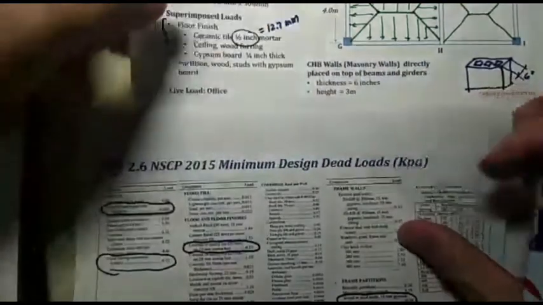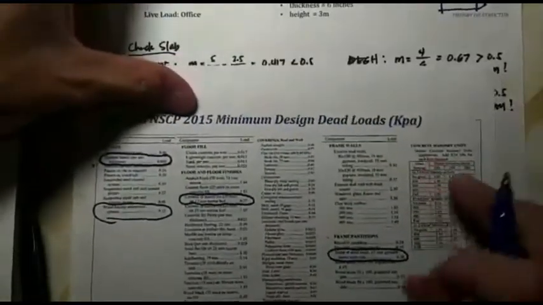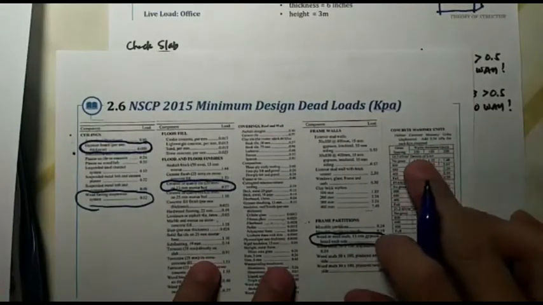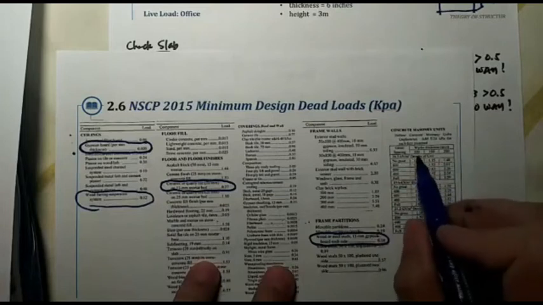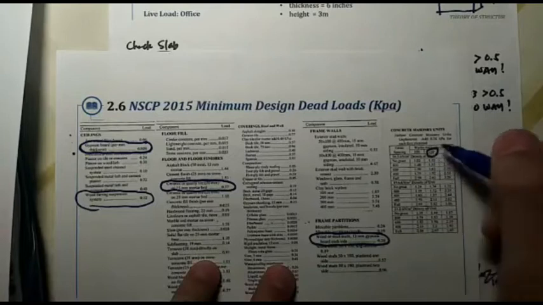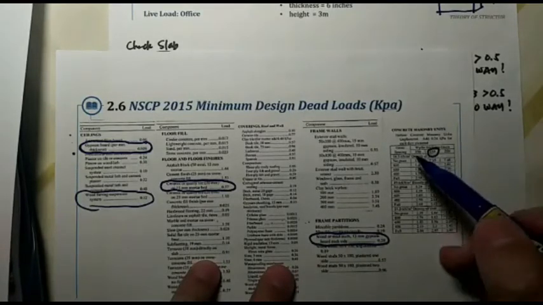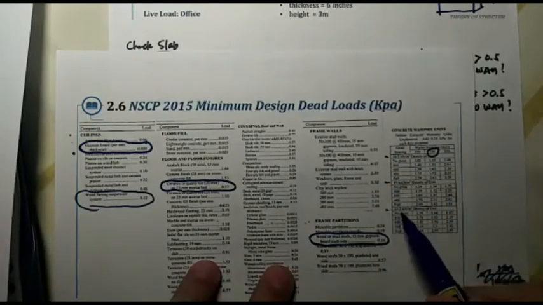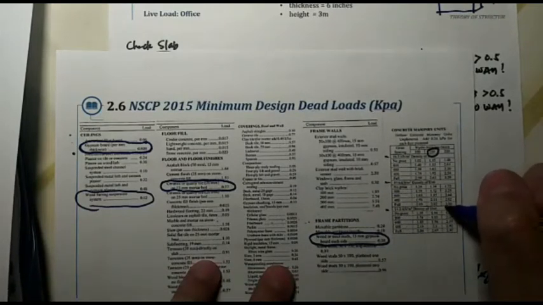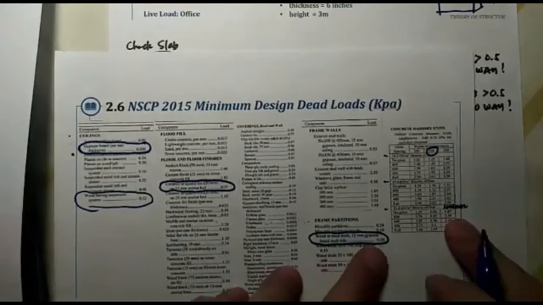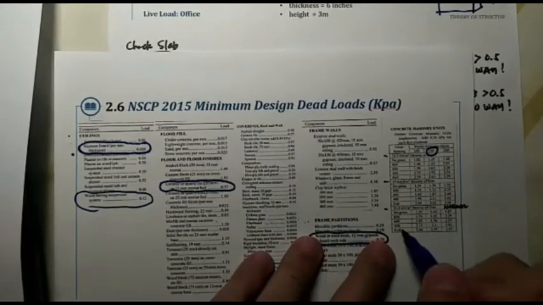Okay. So hahanapin ngayon natin dito. Kung mapapansin mo sa table, 100, ito yung width thickness, 100, 150, tsaka 200. So 6 inches is 150. Tatlong klase yan: lightweight density, medium weight, tapos normal weight. So dito tayo kukuha normal weight. Tapos ang gagamitin natin yung full grout.